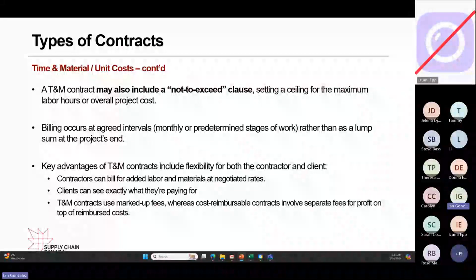And the key advantages of T&M include flexibility for both the contractor and the client. So contractors can bill for added labor and materials at negotiated rates. The client can see exactly what they're paying for. And T&M contracts use markup fees, whereas cost reimbursable contracts involve separate fees for profit on top of reimbursed costs.